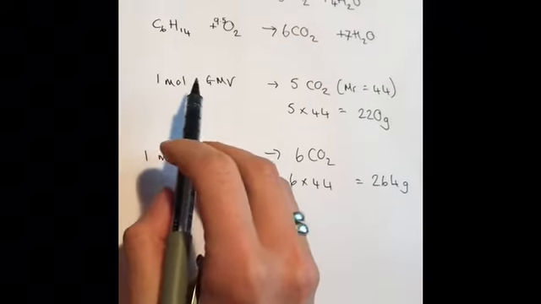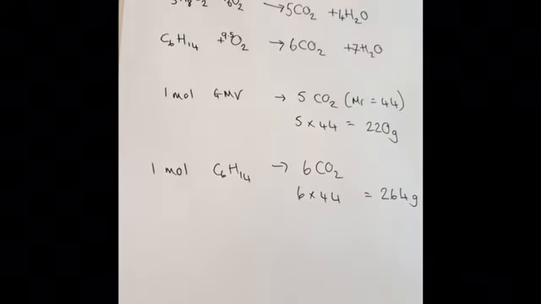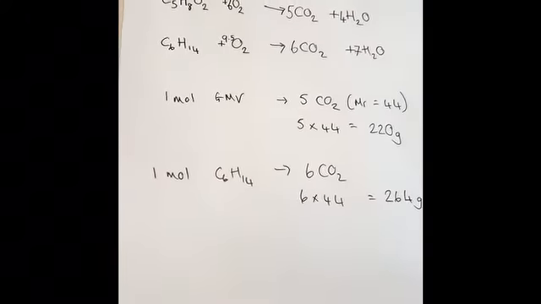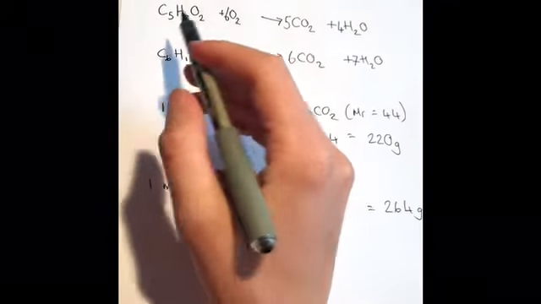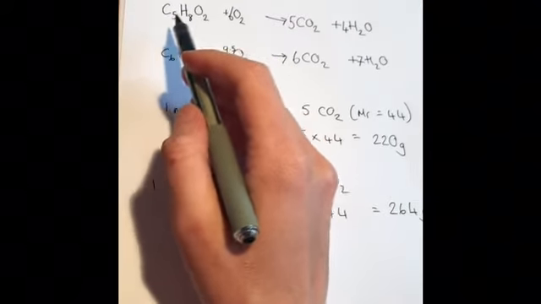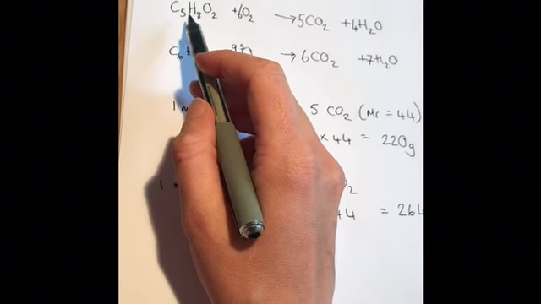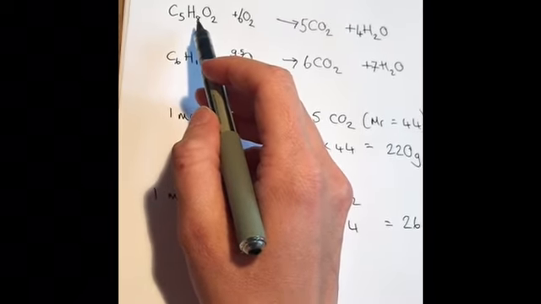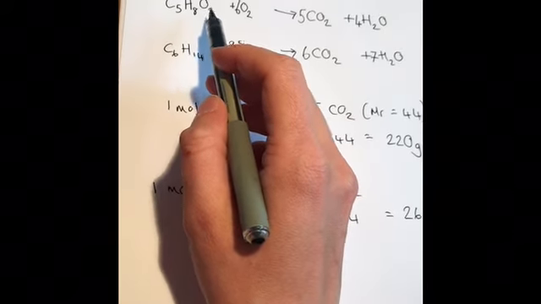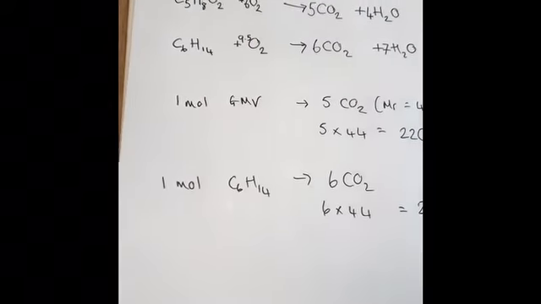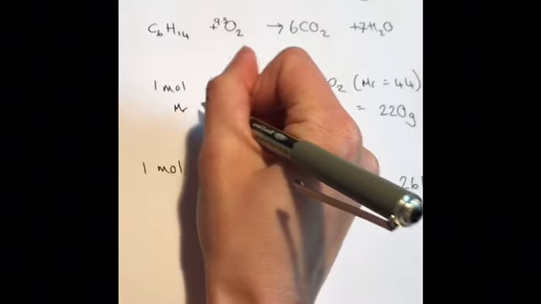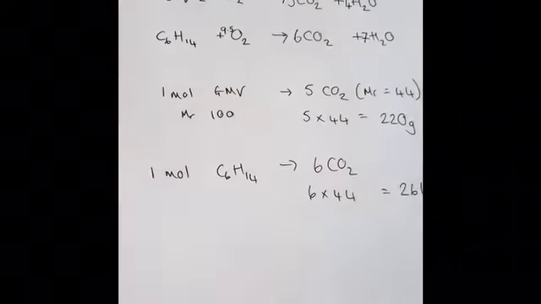So GMV, 1 mole of it would have a mass. You'd have to multiply that by the Mr. So working this out, you can see the answer in the mark scheme, but carbon, there's 5 carbons, each with a mass of 12, 8 hydrogens, mass of 1, and 2 oxygens, each with a mass of 16, which gives an Mr of 100. Nice number.